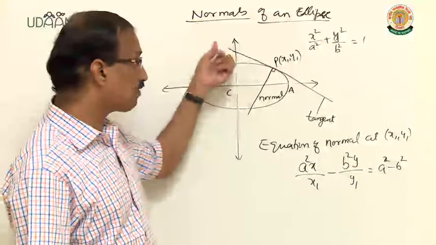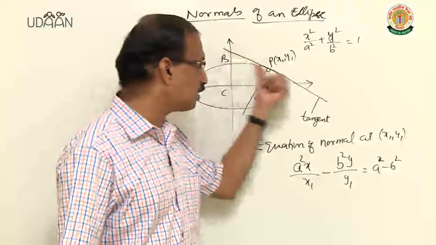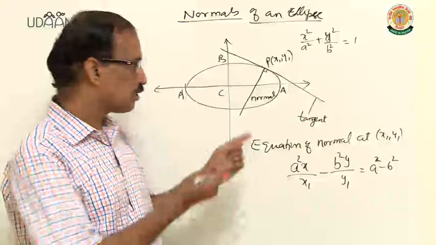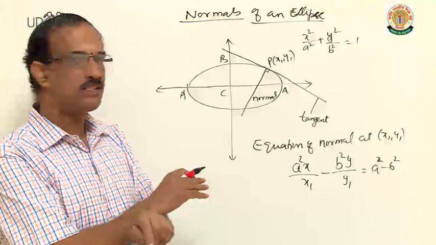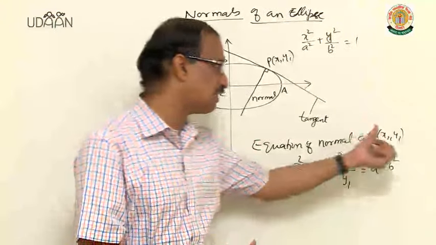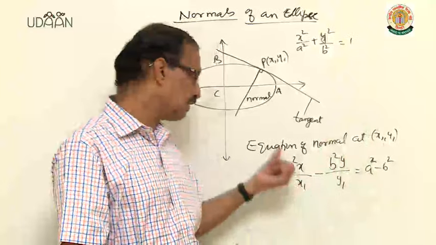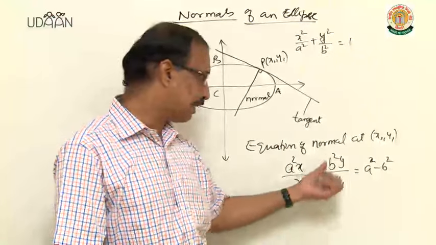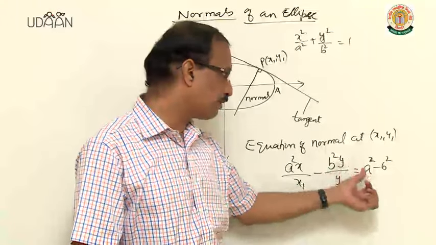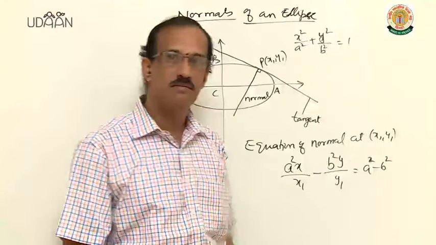The same way you got the equation of the tangent, taking the negative reciprocal of the tangent's slope, we get at this point x1 y1 the equation of a normal as a square x upon x1 minus b square y upon y1 equals a square minus b square.